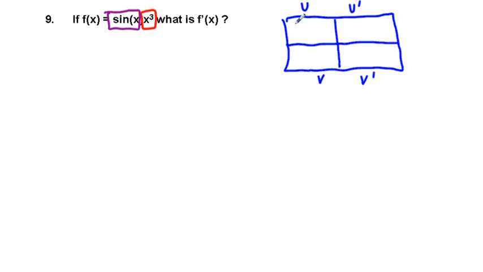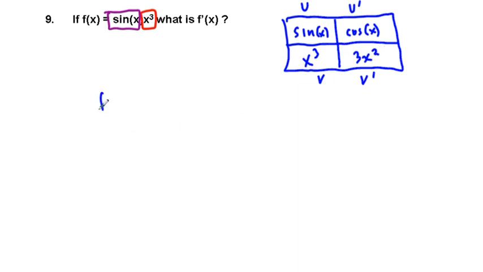So we can call sine x u, and the derivative of sine x is cosine x. And then x cubed is over here for v, and v prime would be 3x squared.